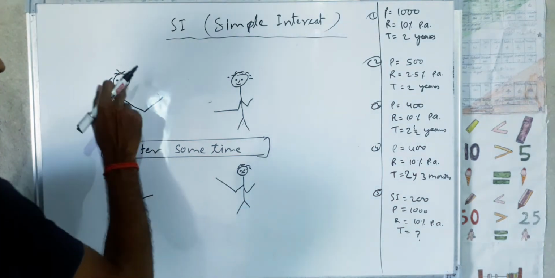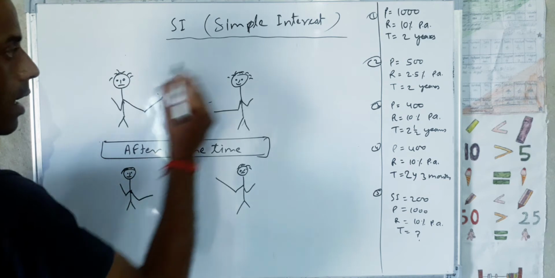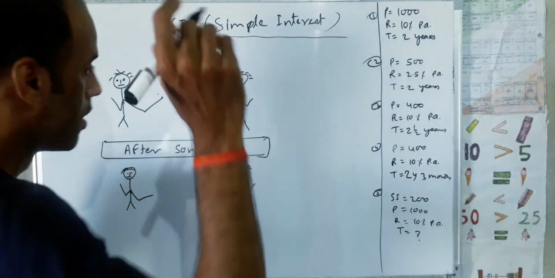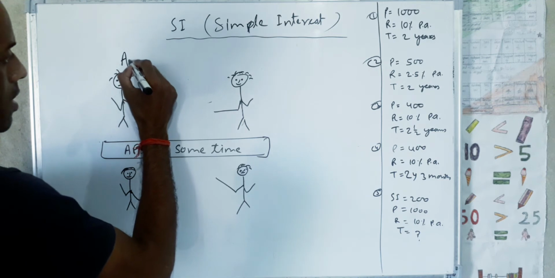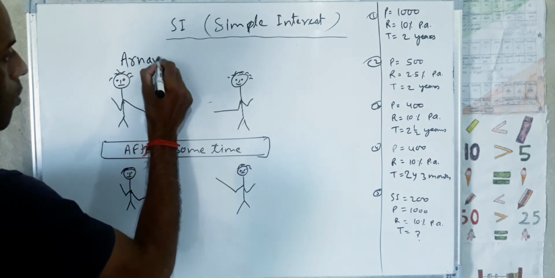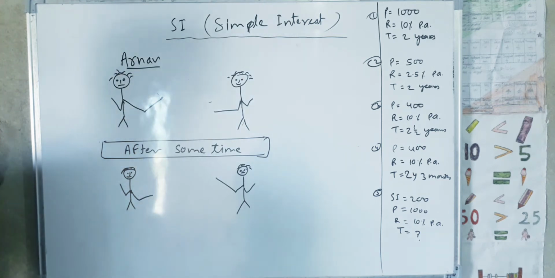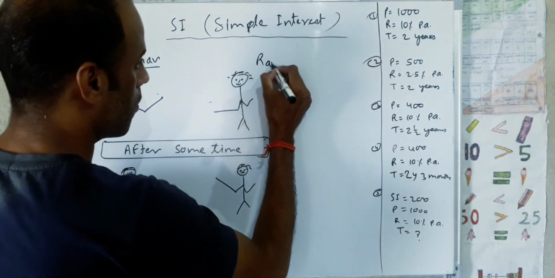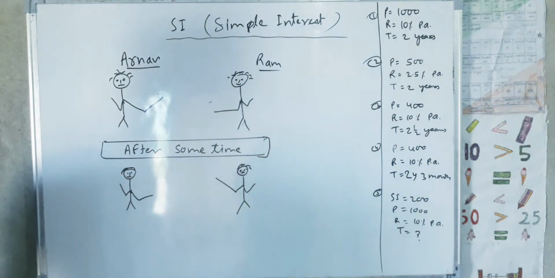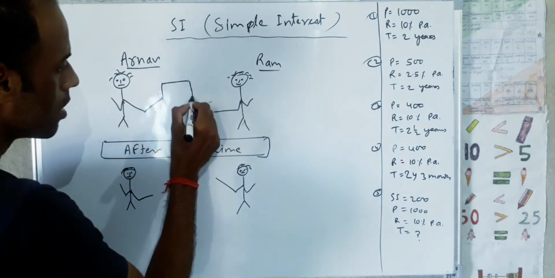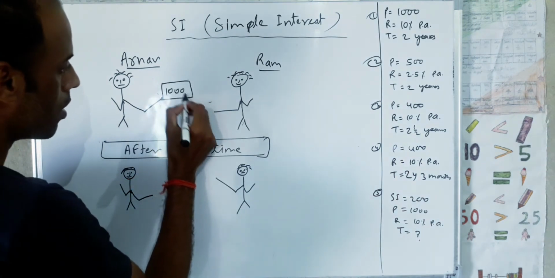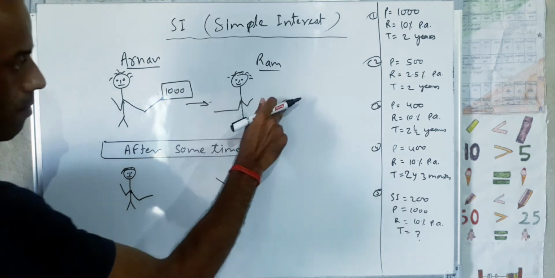Suppose this is person A and this is person B. This is Arnav and this is Ram. Arnav gives rupees 1000 to Ram.